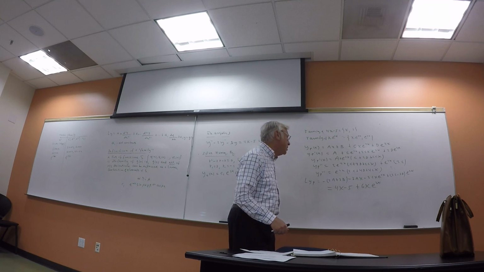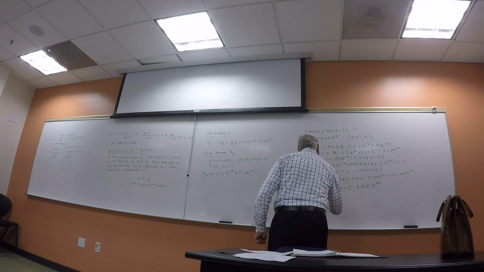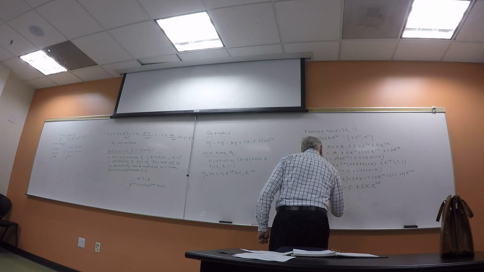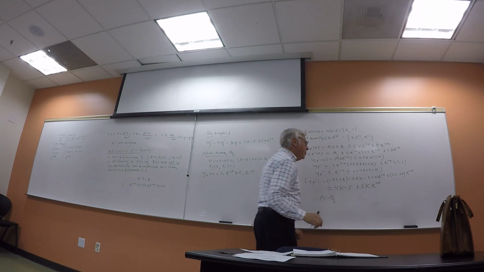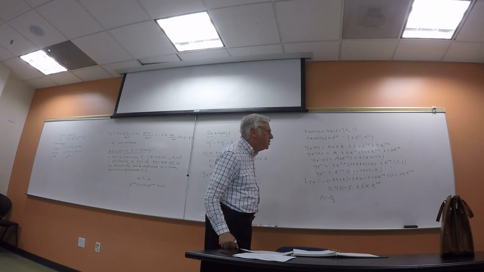So a has to equal minus 4/3. You get that right away. Right? Okay, and then you match coefficients of x e to 2x, that'll give you the c right away, right? Minus 3c is equal to 6, so c is equal to -2.